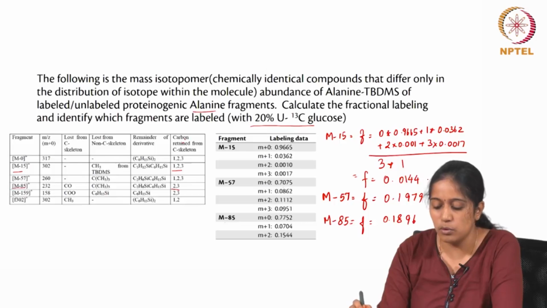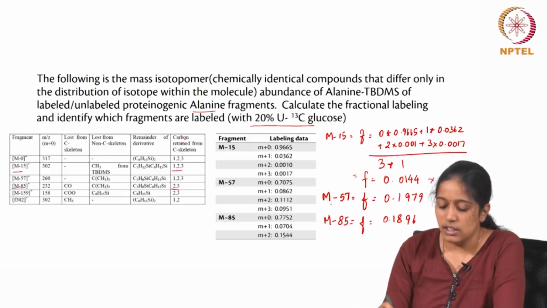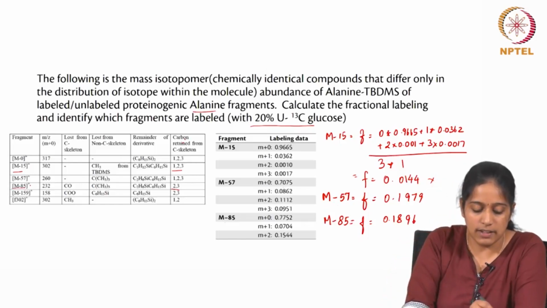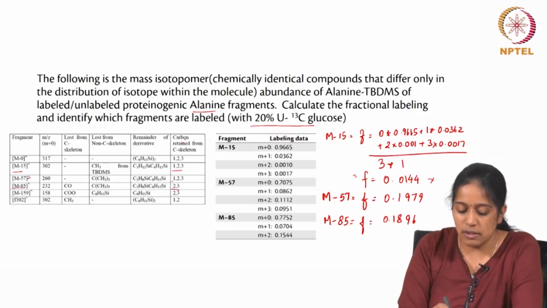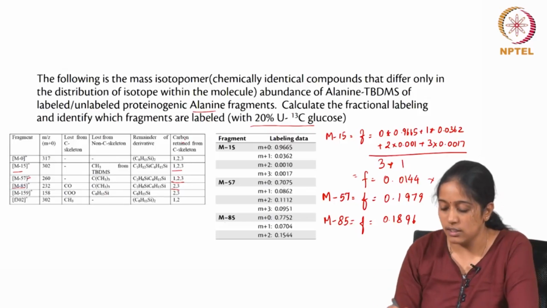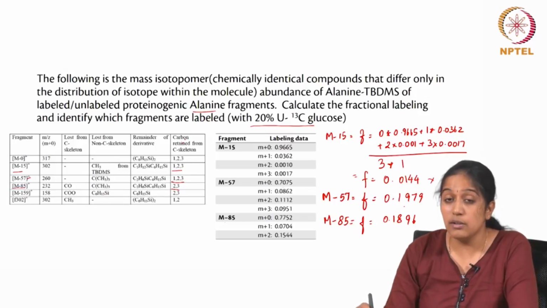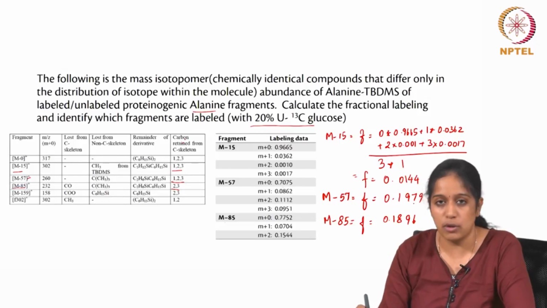So, I would rule out this fragment from my further analysis, and if I take a look at m minus 57, I already have the information from this table that m minus 57 is going to give me the information about all the 3 carbons in my amino acid. And also if I look at the fractional labeling, I can see that it is very close to 0.2, and so I will go with this fragment.